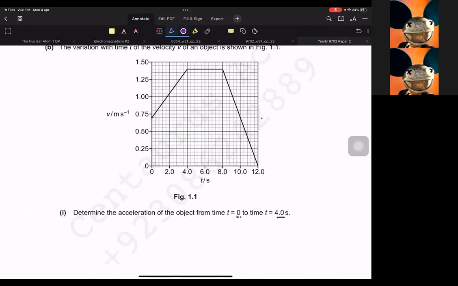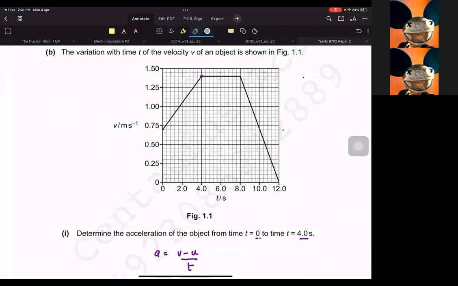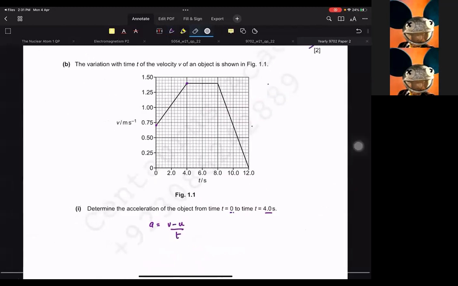So from this point to this point, you should know that acceleration is the gradient. So you could find v minus u upon t. So the initial velocity is right here. If you really don't know how to read this, what you do is, because if you look at it, take the change between the values like this.